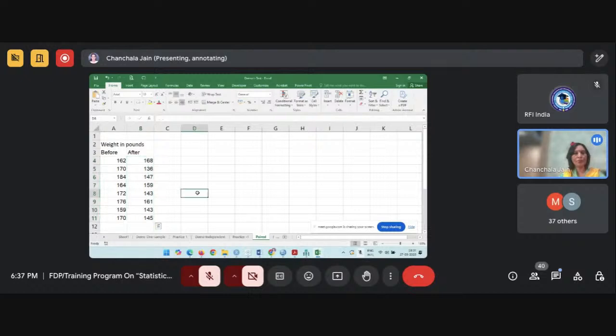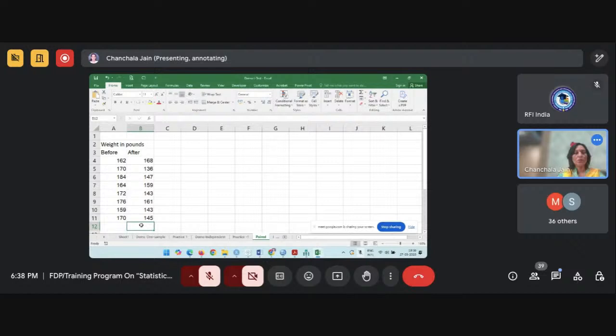So suppose this is a small caselet, right? The before and after condition of the weights is given here. Before opting for the diet plan, what was the weight of the people, and after opting for it, what was the weight? So these two columns are mentioned here. Now we want to see whether any significant change or mean difference is coming in the weight after opting for the diet plan or not.